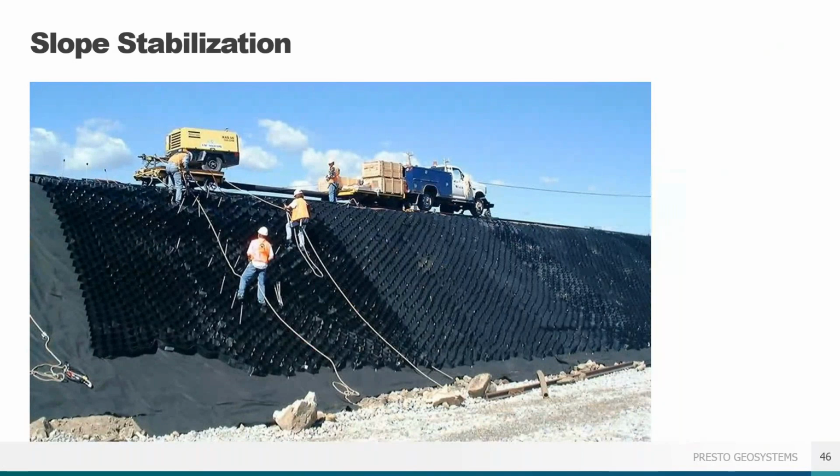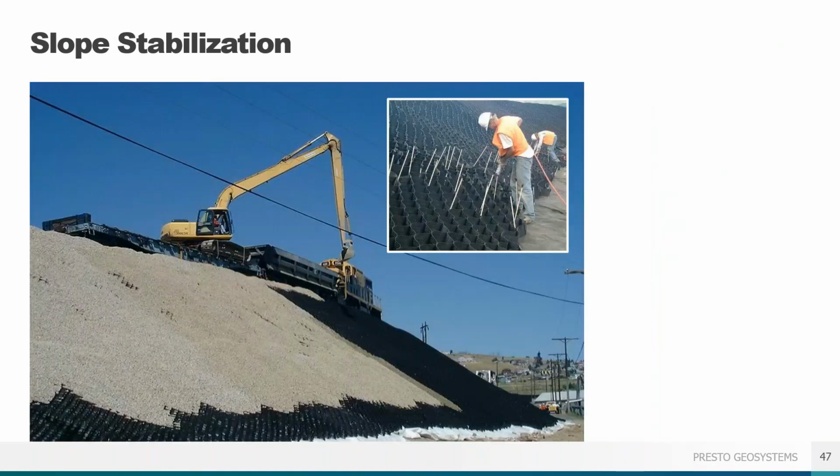Here we see the workers installing the stake anchors to keep the GEOWEB section in place. And here the panels are being filled with crushed aggregate. Infill is done from the top down to prevent the panel overstretching.